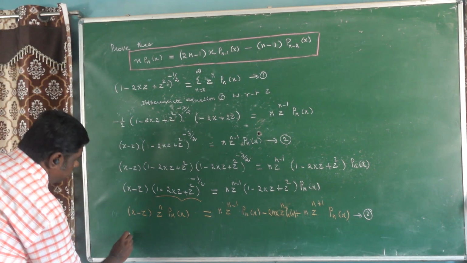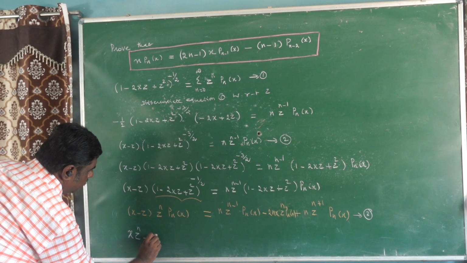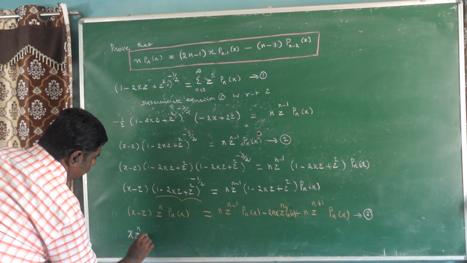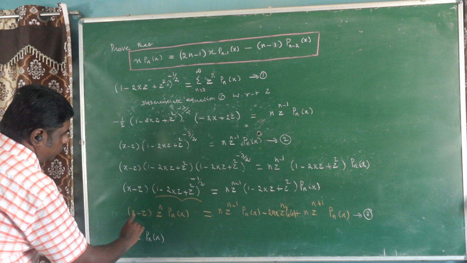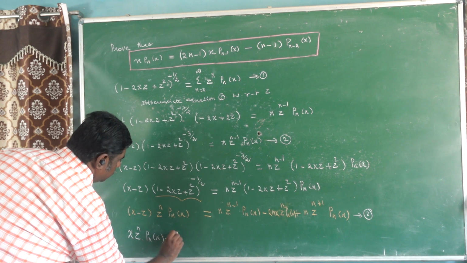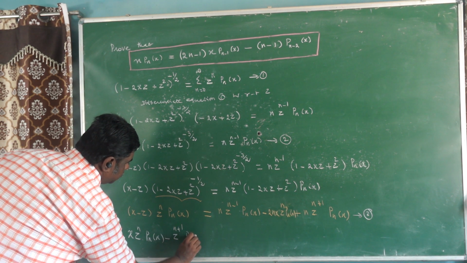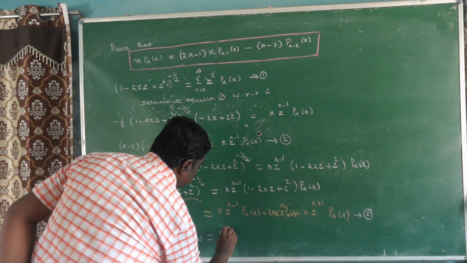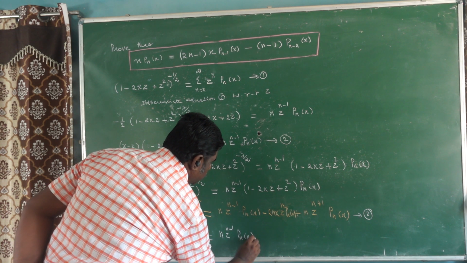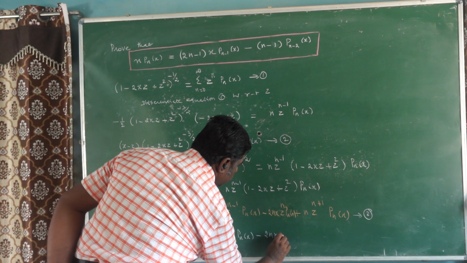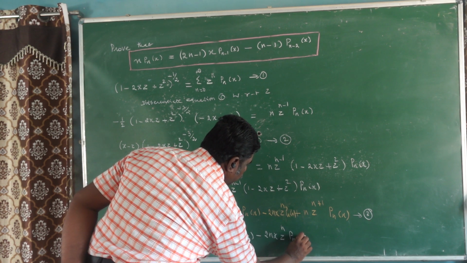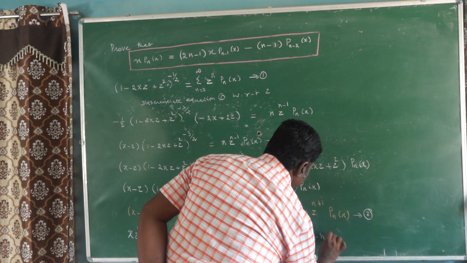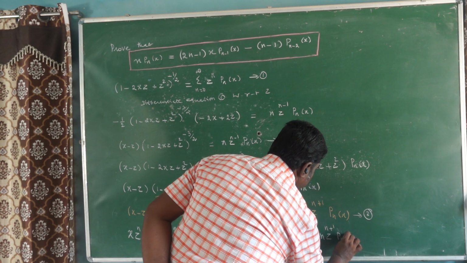This is further modified as x z power n into Pn of x minus z power n plus 1 into Pn of x, which equals n z power n minus 1 Pn of x minus 2nx z power n Pn of x plus n into z power n plus 1 Pn of x.